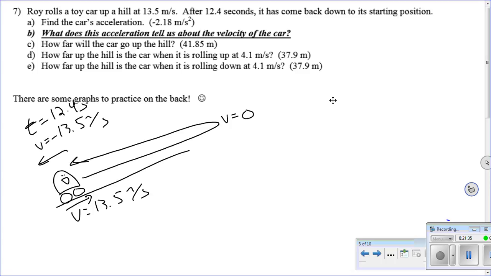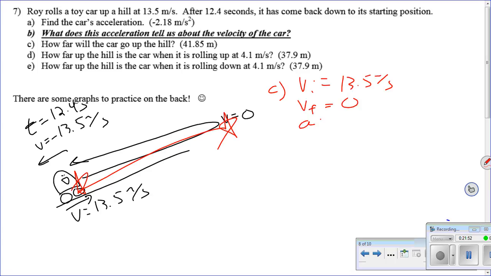Okay, so C, how far will the car go up the hill? So we're trying to find the displacement from here to here, right, for C. So vi is 13.5 meters a second, vf is 0, acceleration is negative 2.18 meters a second squared. We just found that. We're looking for our displacement.